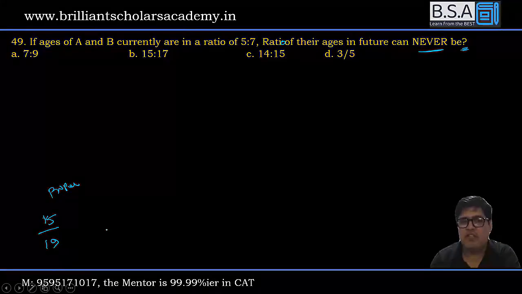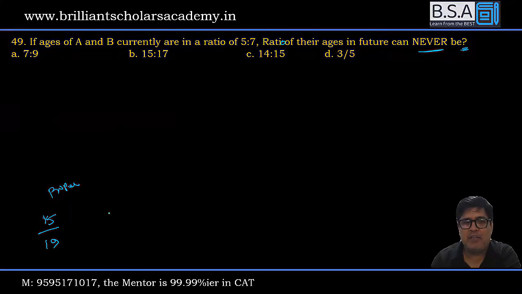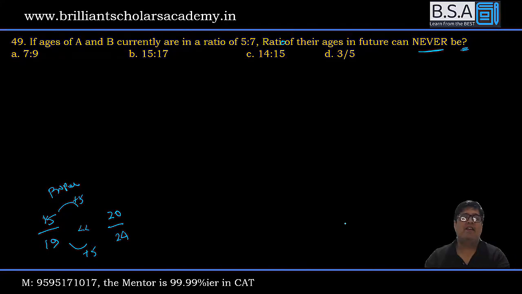When I add a constant to both, let us say I'm adding 5 to both, it must increase. A proper ratio increases when a constant is added to both numerator and denominator.